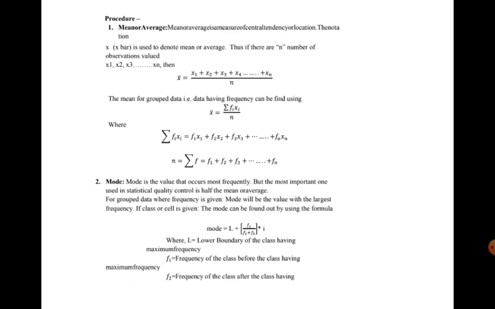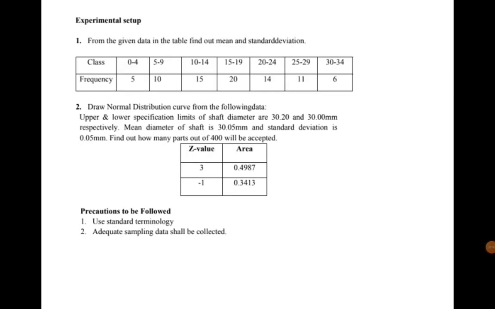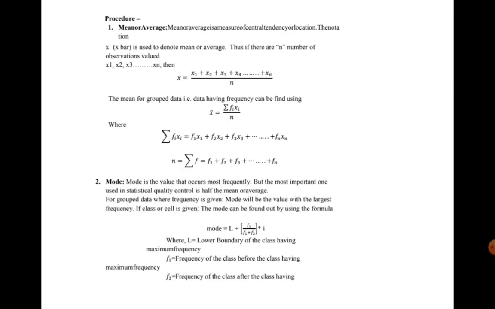This is the general formula. We will study how to apply this formula to the data in a table. So this is the general formula for the mean or average.